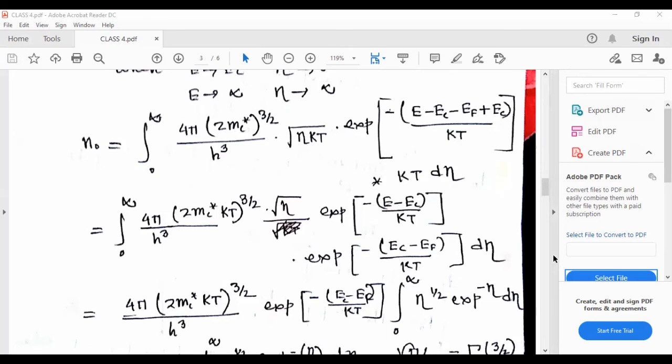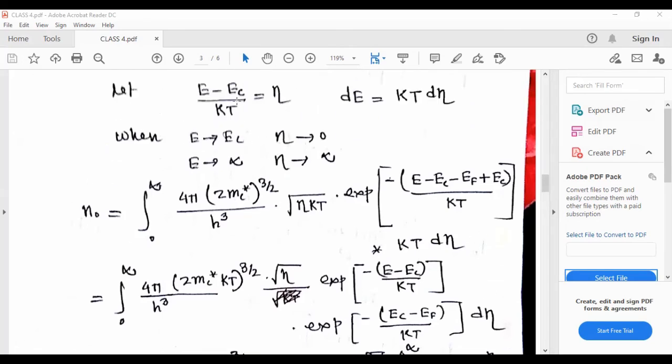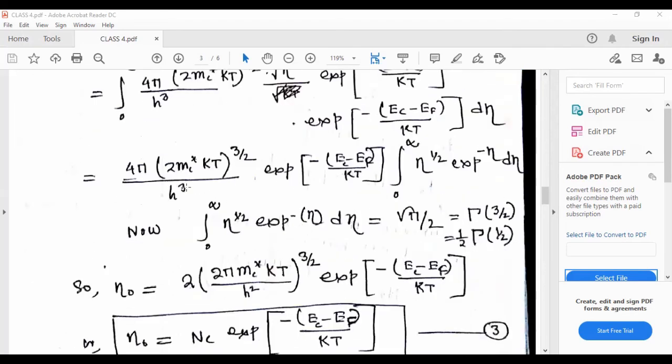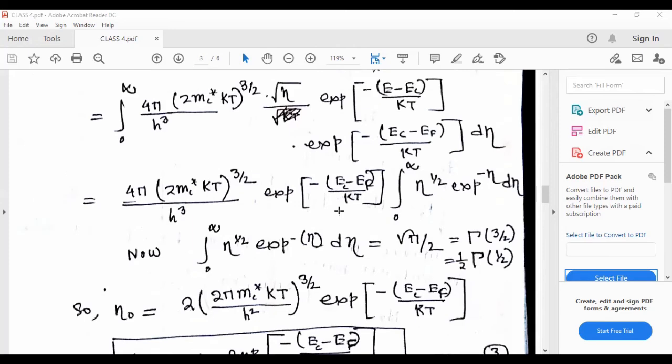No problem with that. Look here, this (E minus Ec) upon KT is nothing but eta. To do that, I just introduced a plus Ec and a minus Ec here. So if you rewrite this equation, you will have this thing here. Eta is the parameter, d eta here.